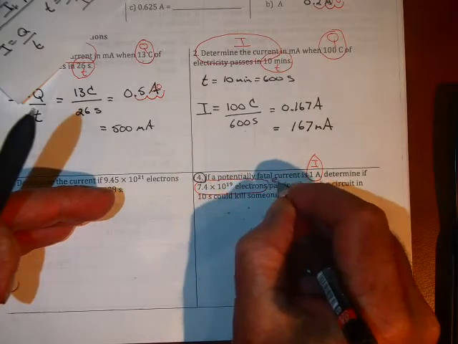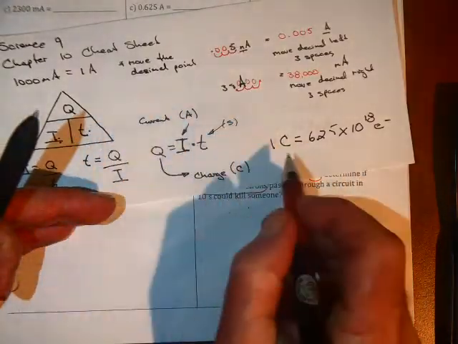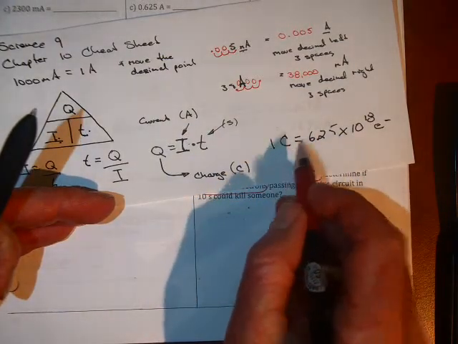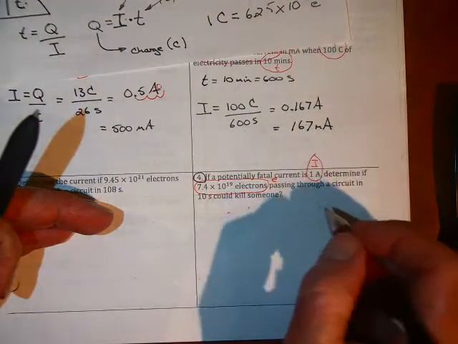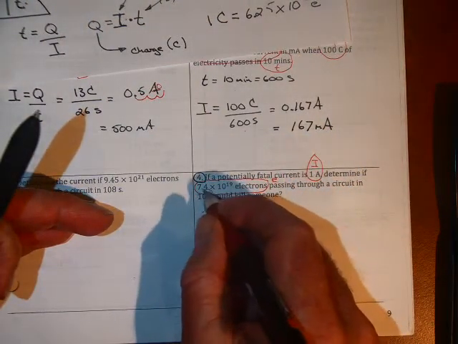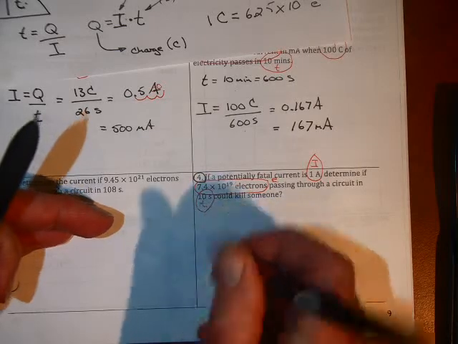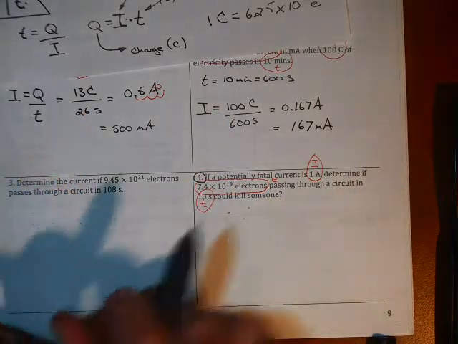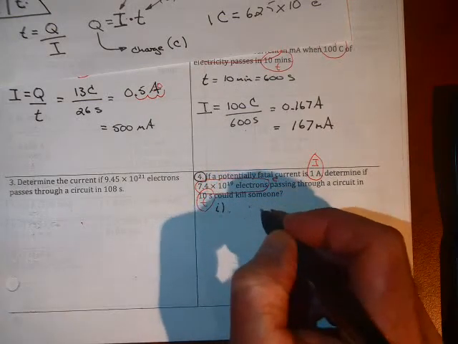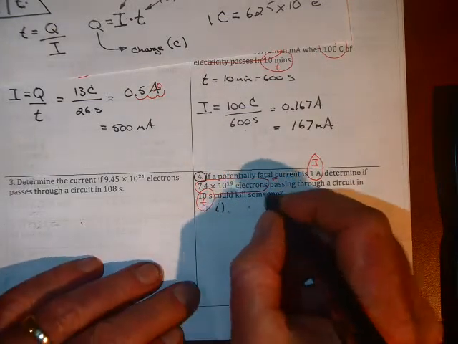This is the number of electrons, and we're going to use this to determine the number of coulombs, and then 10 seconds here is time. Okay, so step number 1, we're going to change the electrons to coulombs.